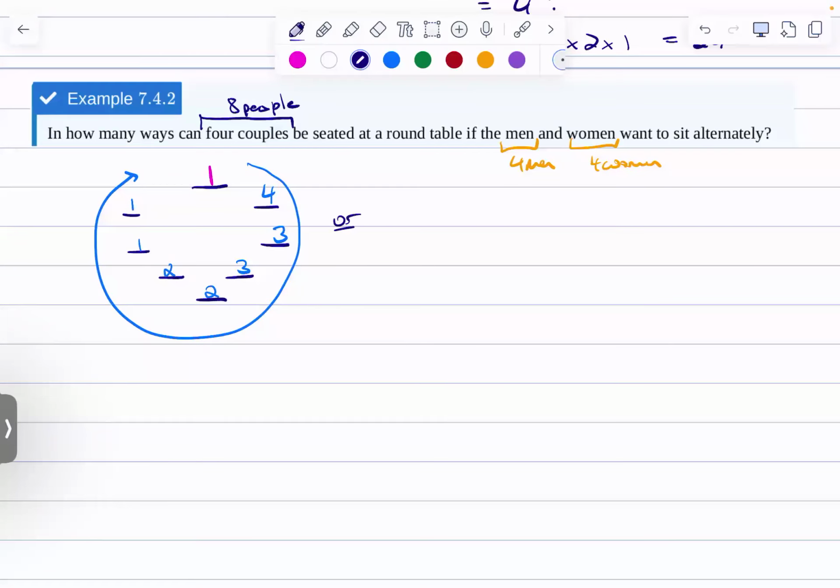Or we could write, force the first person to sit down, 1, 2, 3, 4, 5, 6, 7, 8. Then I have 4 people, and then I have 3, and then I have 3, and then I have 2, and then I have 2, and then I have 1.